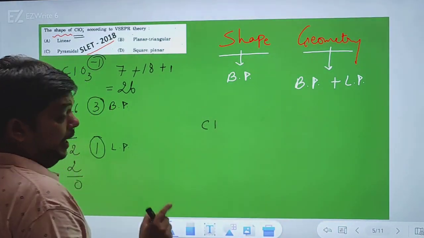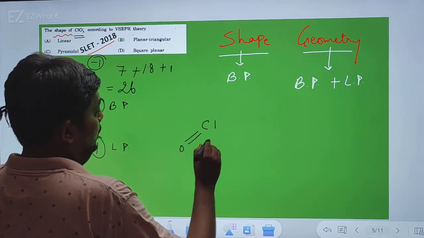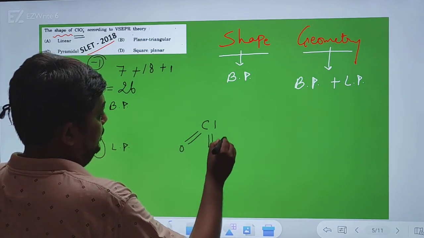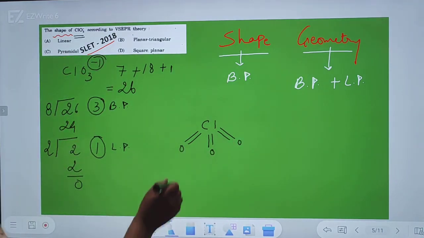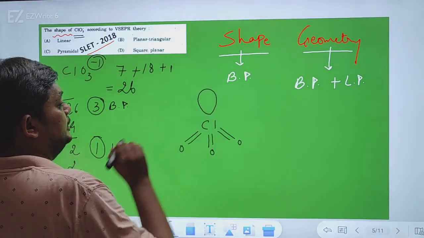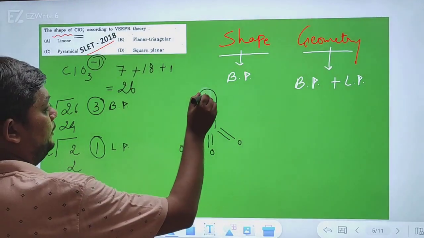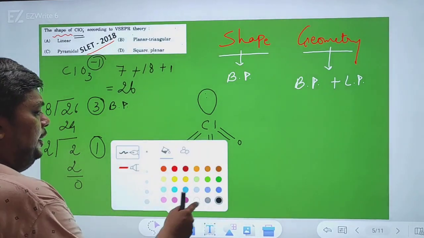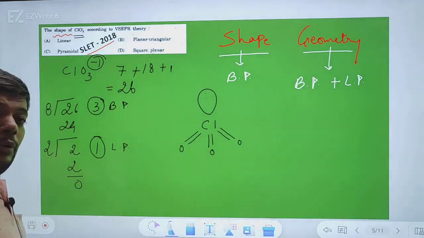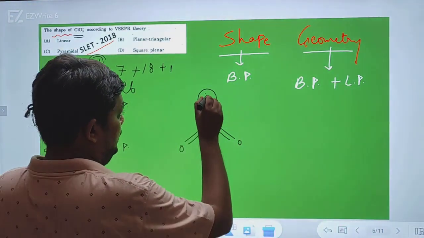The geometry, I am not talking of the shape, the geometry for such type of structure will generally look like this: ClO3 minus. Now what is actually happening over here? You need to think for a while regarding the Lewis structure or the Kossel-Lewis explanation.